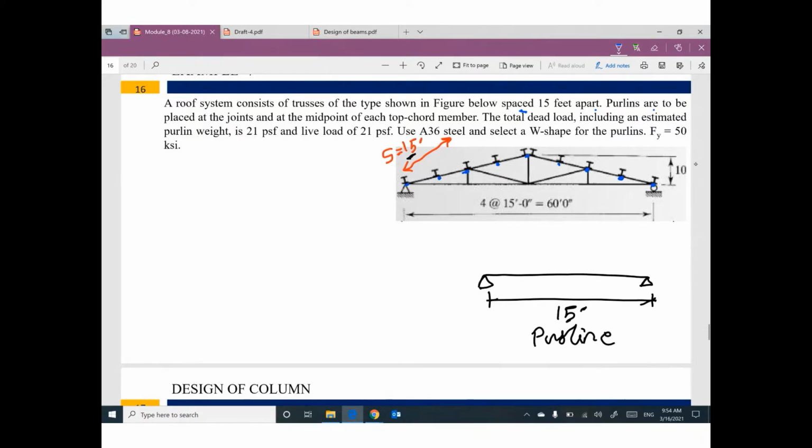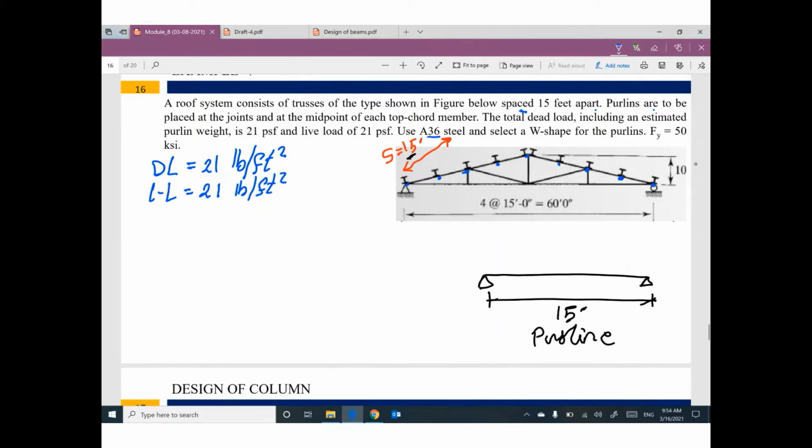The total dead load including own weight of the purlin equal 21 pound per square foot. The live load value is also 21 pound per square foot.